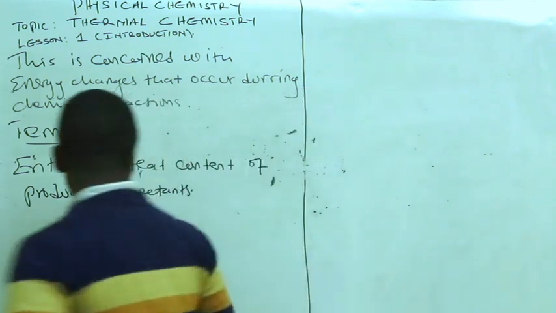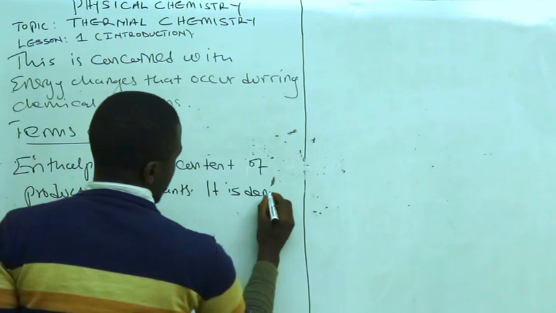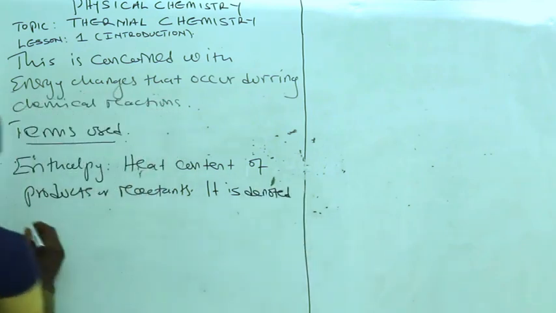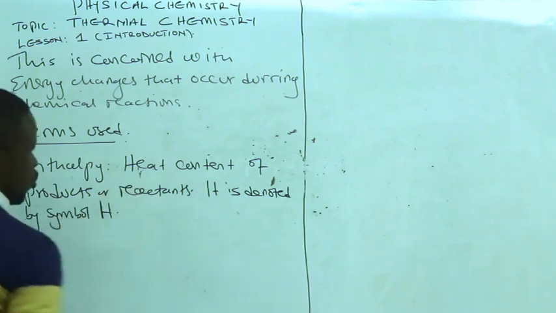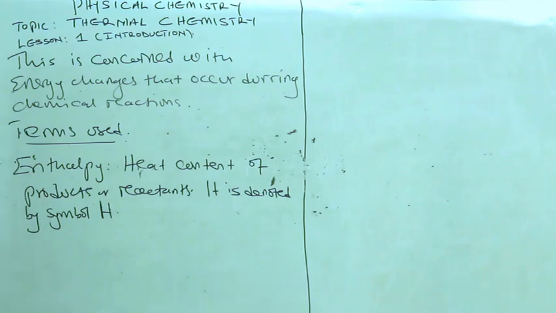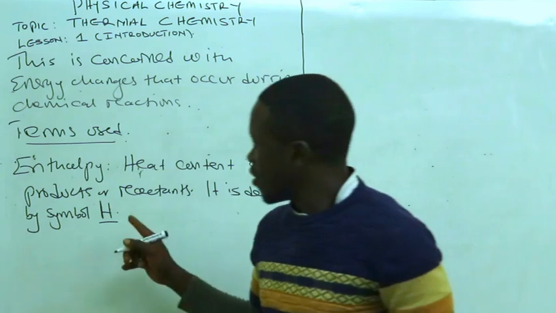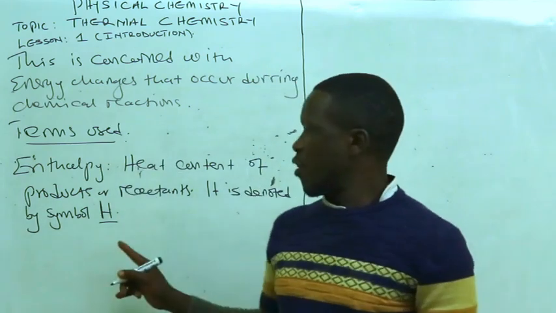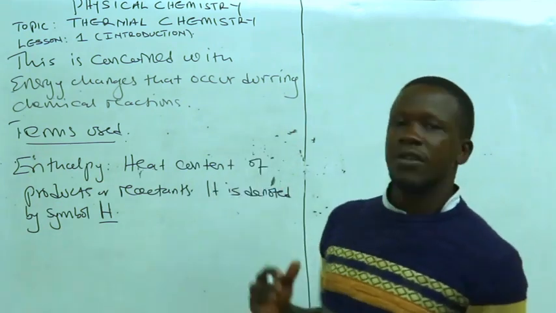And it is denoted by the symbol capital H. So every time we see capital H in this topic, then we are looking at what we call enthalpy. Enthalpy is the heat content of the products or reactants.